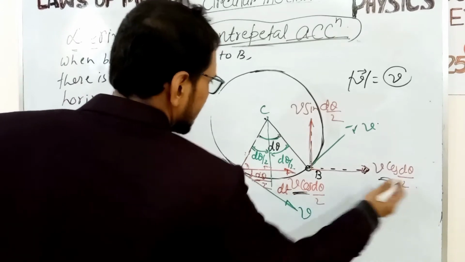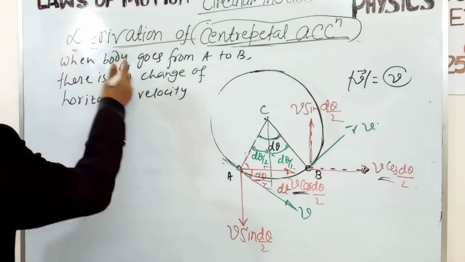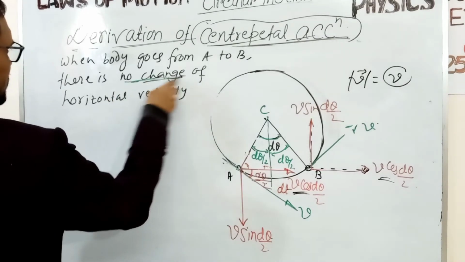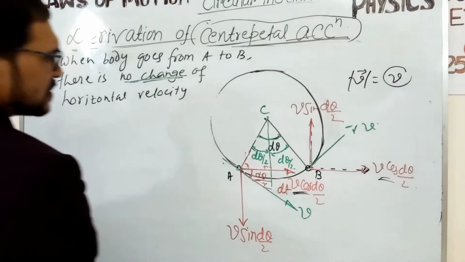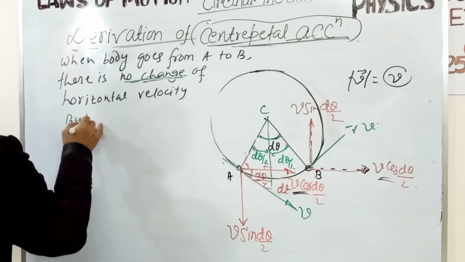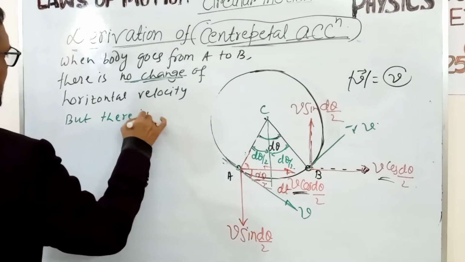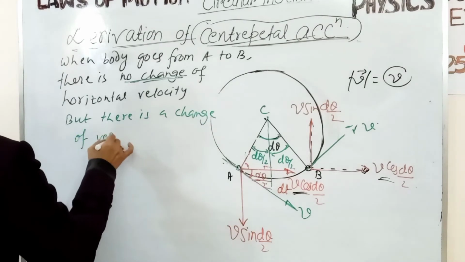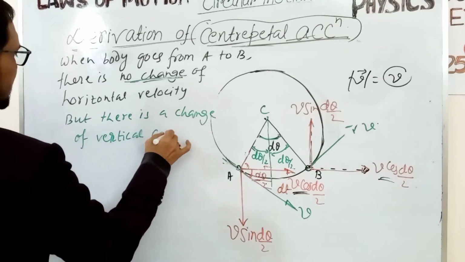The magnitude and direction both are the same. So there is no change, but there is a change of the vertical component.